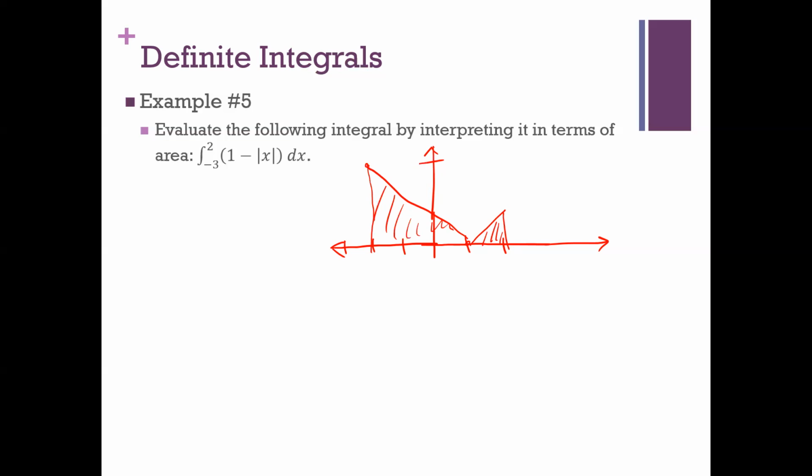Any questions on basically the picture I've drawn for you? Do we know how to find these areas here? The shape is going to be like this. Hold on, now I'm doubting myself.